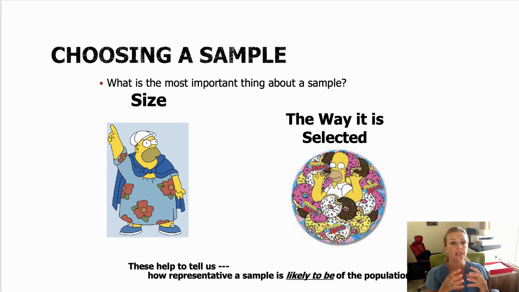So how do we say how large a sample should be? There is a formula that we use. You don't have to worry about this in this course since it's an introductory statistics course. But for example, I did my dissertation research in Pawnee, Oklahoma, which is a pretty rural area.